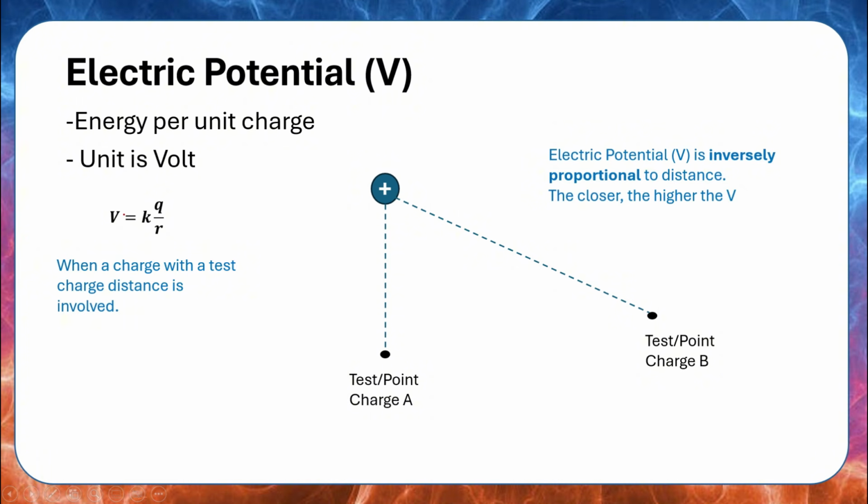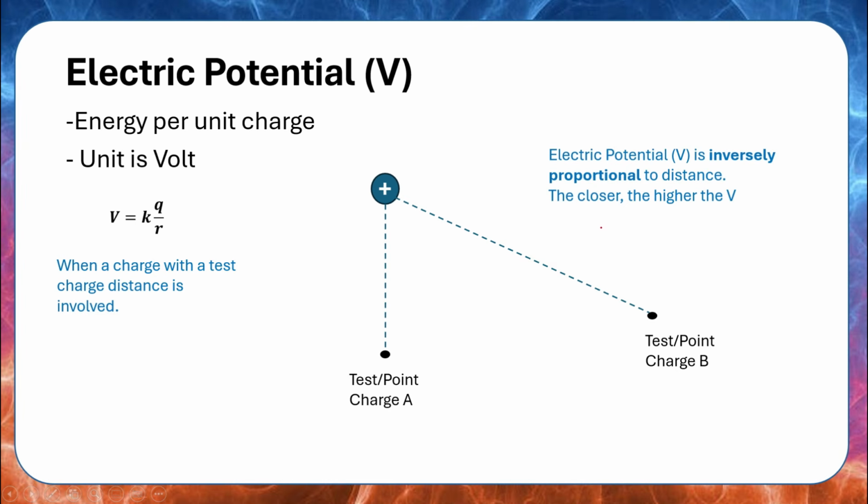So V is in the numerator, while on the other side r is in the denominator. So they are inversely proportional. And what does it mean by that? If the test charge is moving farther from the charge, then the V is lesser. The longer the distance, the lesser the electric potential. The closer the distance, the greater the electric potential. So they are inversely proportional with each other.